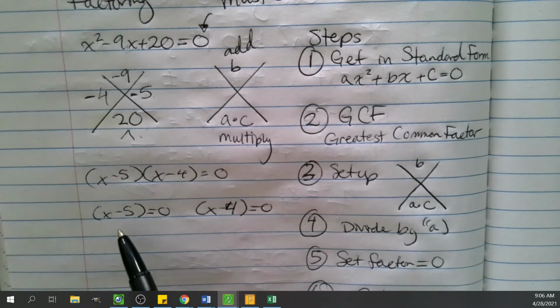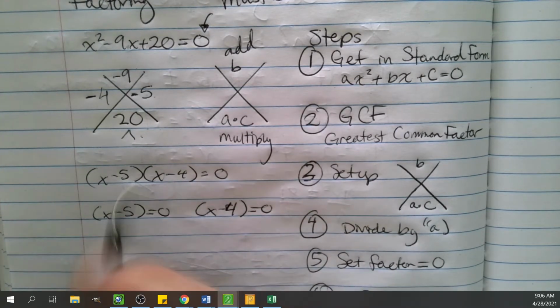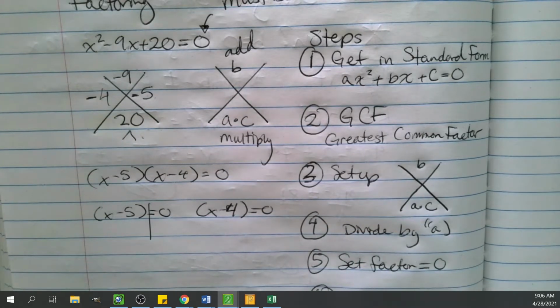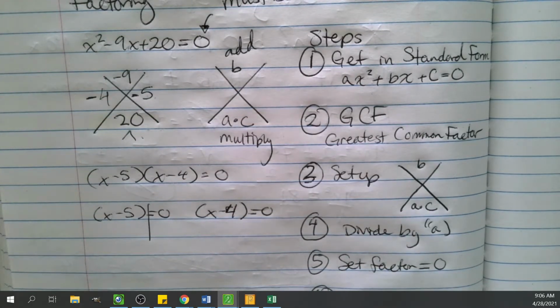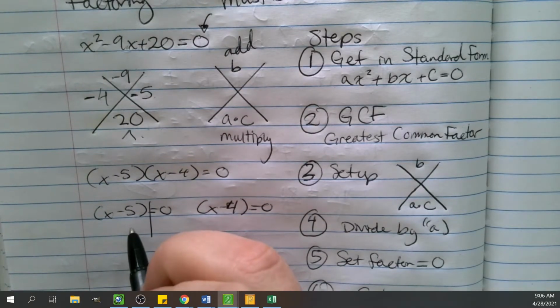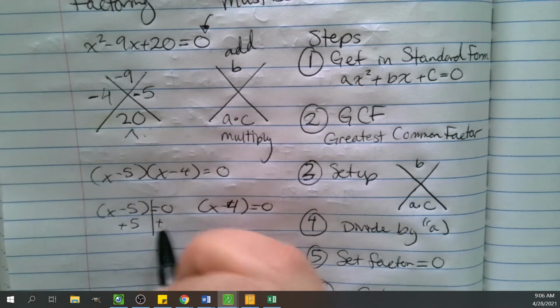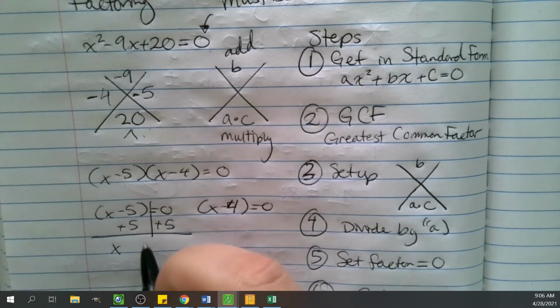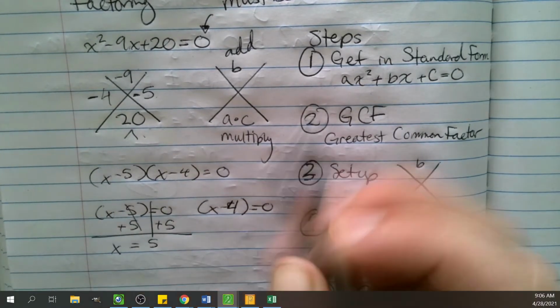Silas, take it home for us. What do we do? Nope. Yep, if I subtract 5, I've had negative 10 on this side. What do I do here?